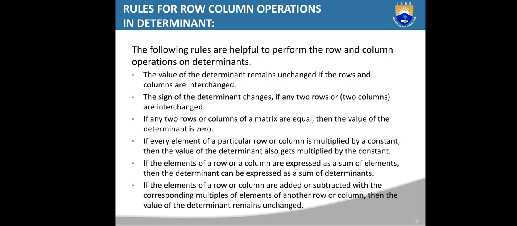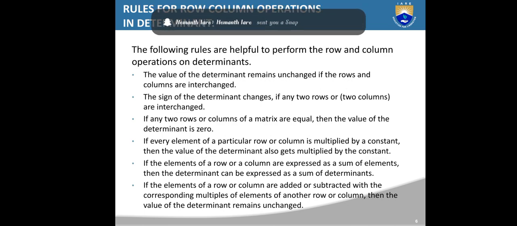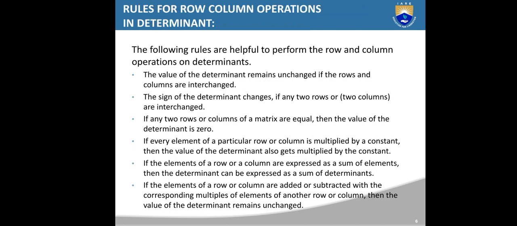Rules for row and column operations in determinants. The following rules are helpful to perform row and column operations on determinants. The value of the determinant remains unchanged if the rows and columns are interchanged. The sign of the determinant changes if any two rows or two columns are interchanged. If any two rows or columns of a matrix are equal, then the value of the determinant is 0.